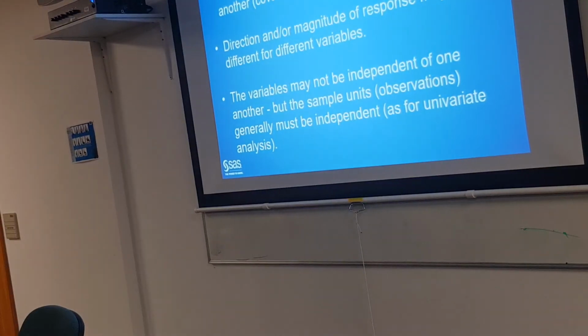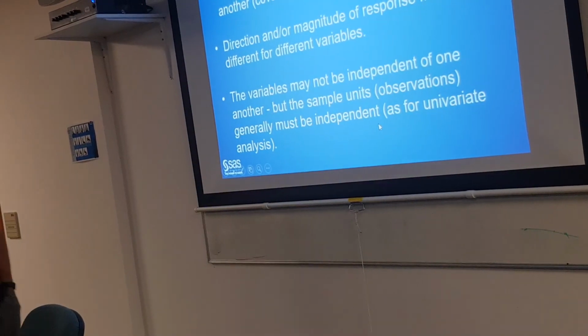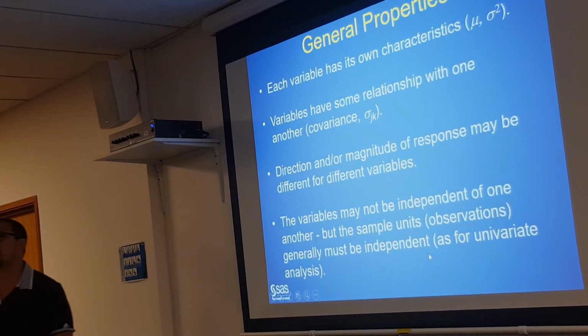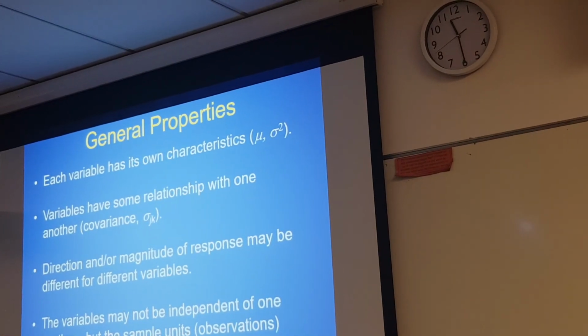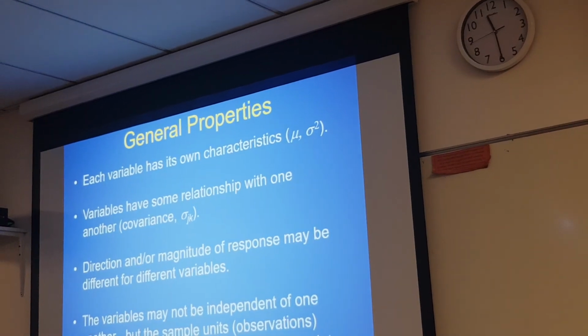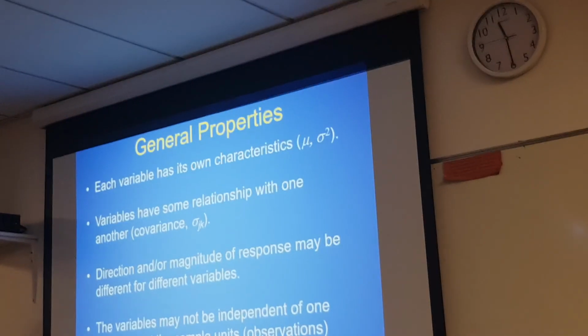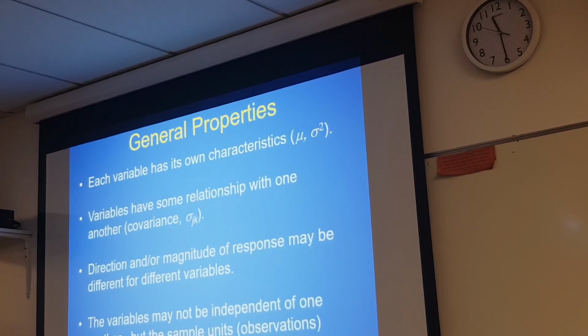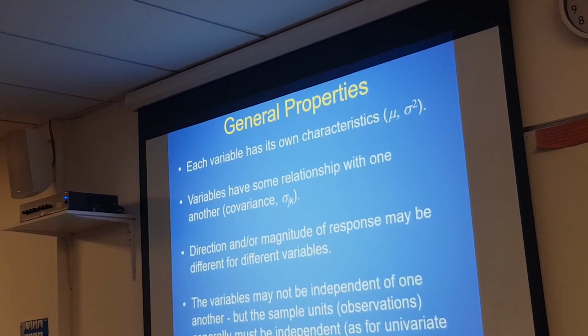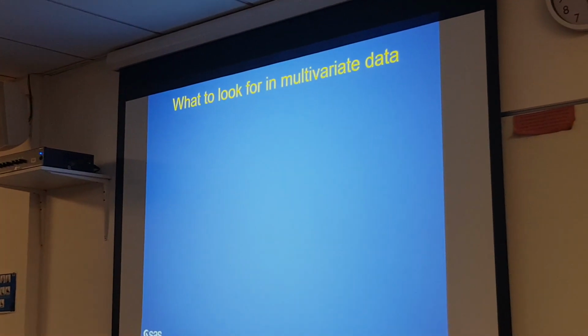Right? So the idea of independence is still required, but it's for the sample units themselves, not for the variables. Right? In fact, it will be advantageous for us to find variables that are correlated. And I'll show you why tomorrow probably, or this afternoon.